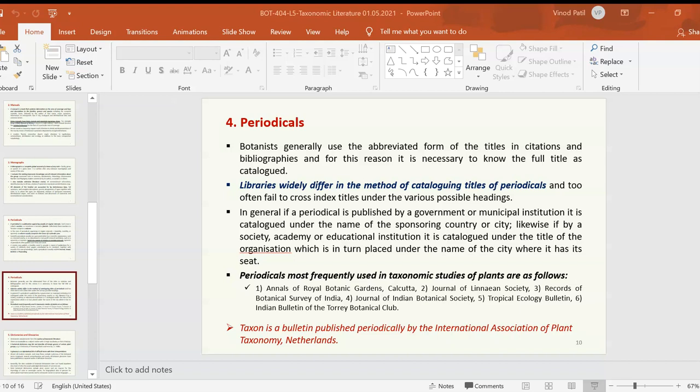So libraries widely differ in the method of cataloging titles of the periodicals and too often fail to cross-index titles under the various possible headings. Now, here there is a cross-indexing manner too. I don't want to go into furthermore details here, but there are certain cataloging agencies which catalog the periodicals across the globe, or in India.